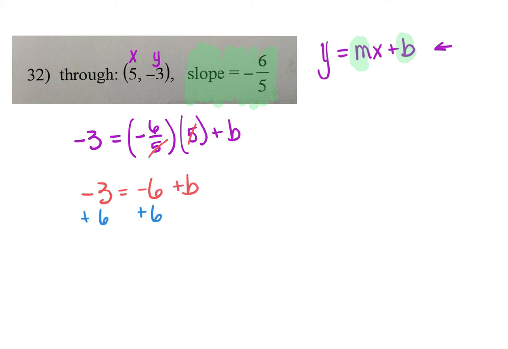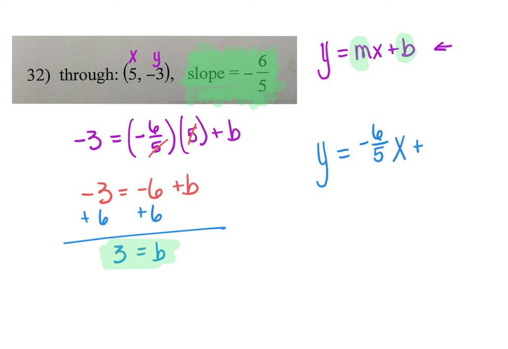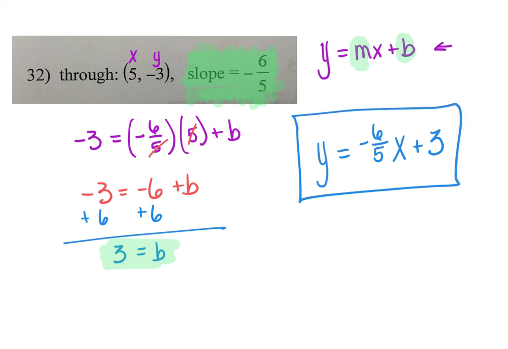Add 6 to both sides. b equals 3. So now I know my m, which is up here, and I know my b. So my final step here is to write y equals m x plus b. And that is my answer here.